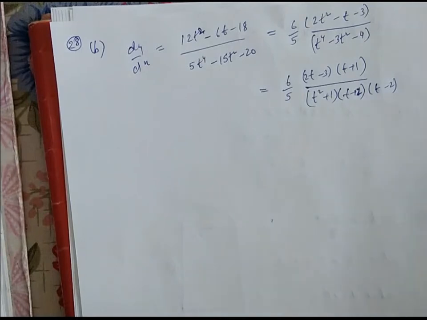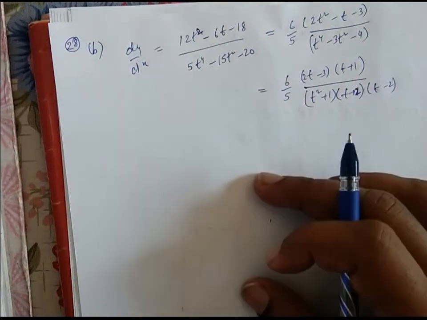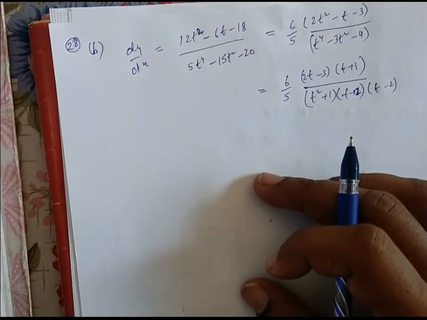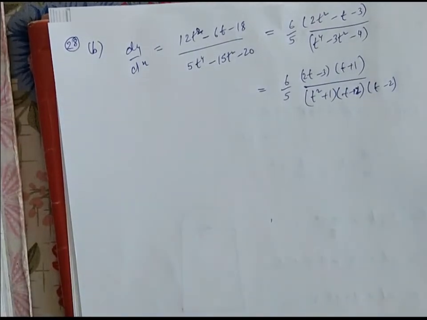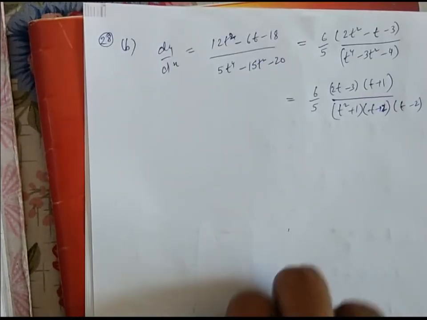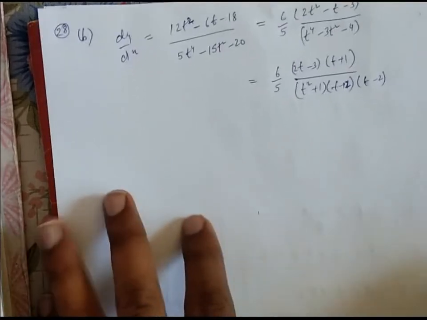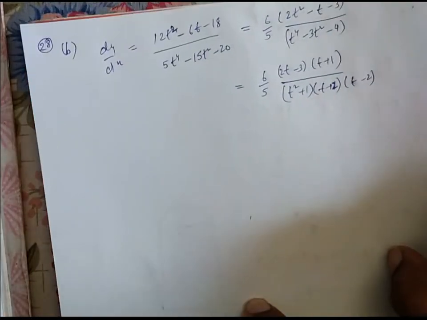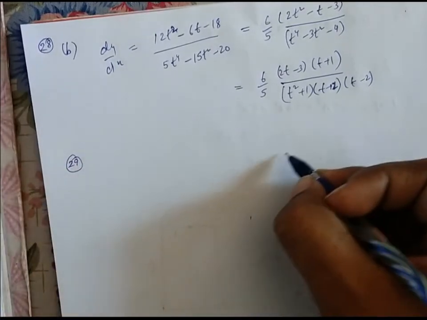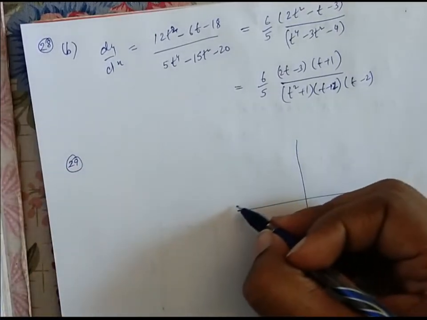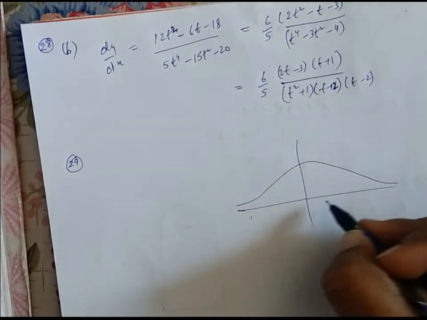So find the largest area of the rectangle whose base is on x-axis and two of its vertices lie on the curve y is equal to e power minus x square. So this is an even function, symmetric about y axis.